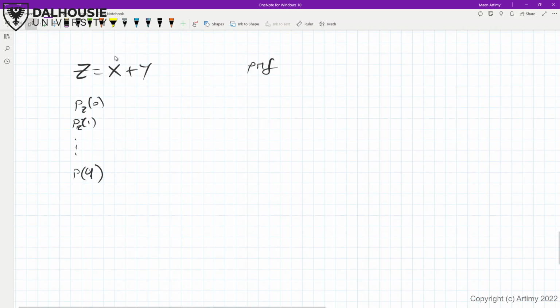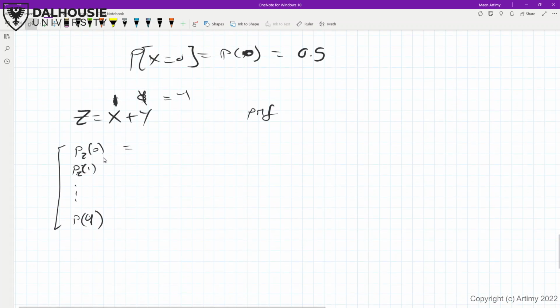So z can be 0, 1, up to 4. Okay, so that's our set of values that z can take.